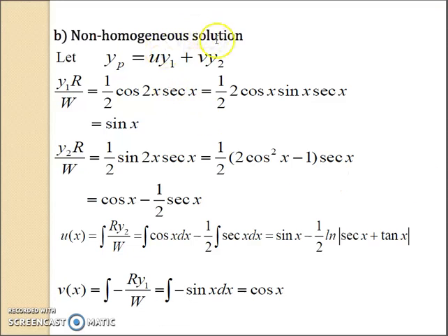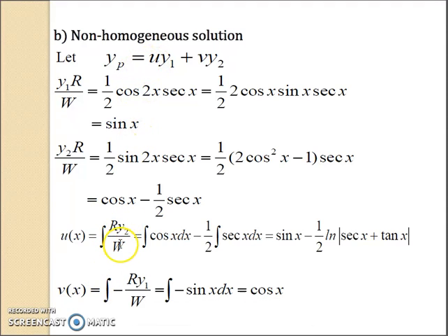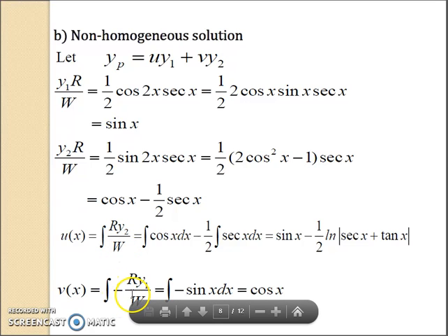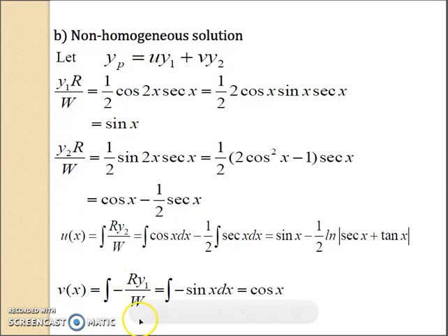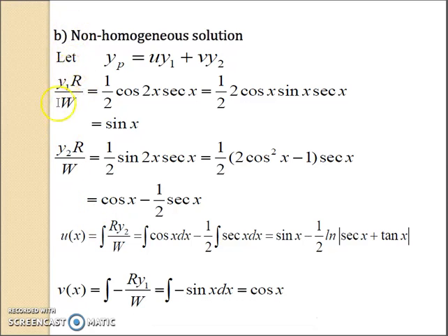For the non-homogeneous solution, we know the solution is given by yp = u y1 + v y2, where u is obtained as the integration of -r y2 upon W, and v is obtained as the integration of r y1 upon W. So let us find this. y1 r upon W is 1/2 cos 2x into sec x, which gives the result sin x.